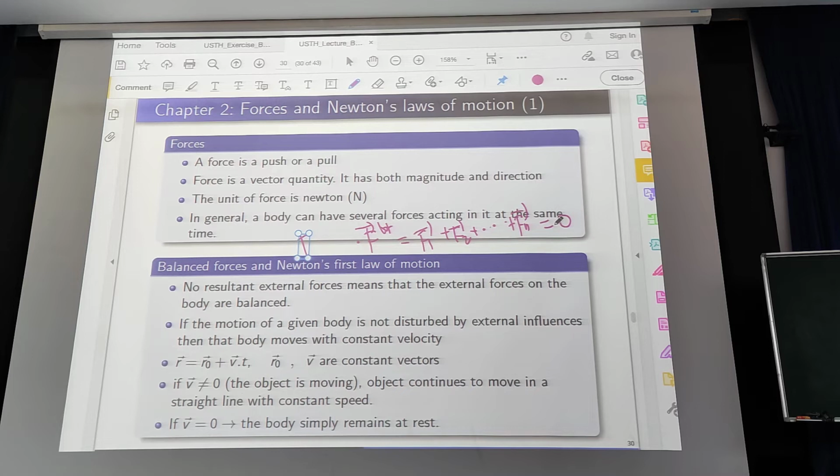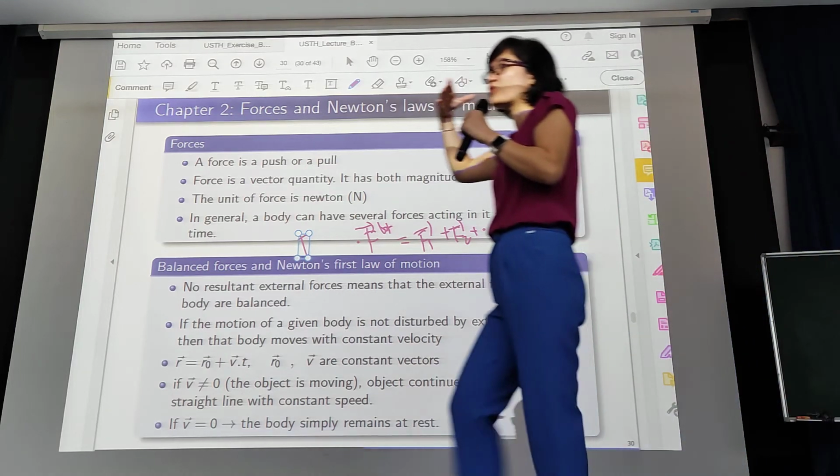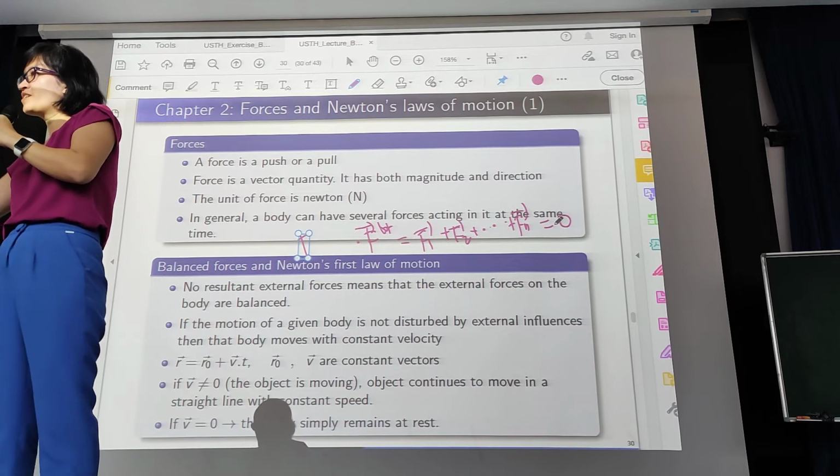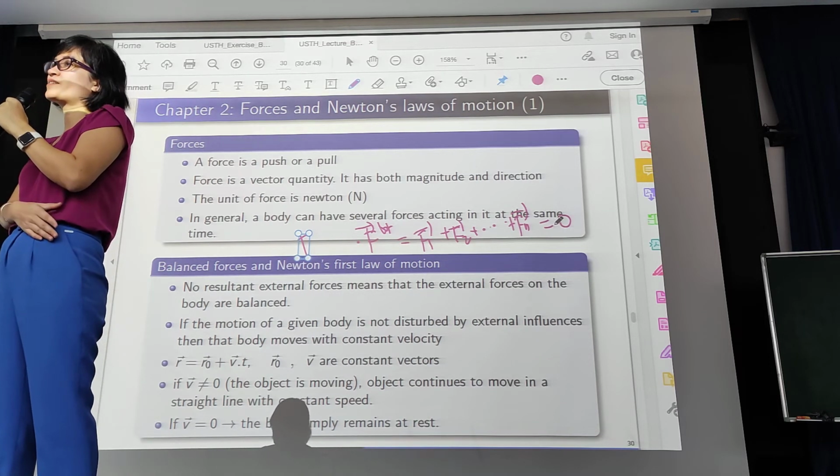Vice versa, if the object is not moving with a constant velocity, if the velocity changes, it means there is some external force acting on the object, and the resultant force is not 0 anymore. There's some additional external force.